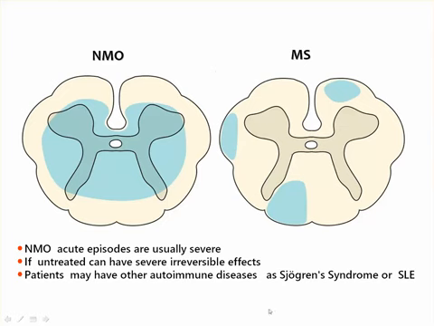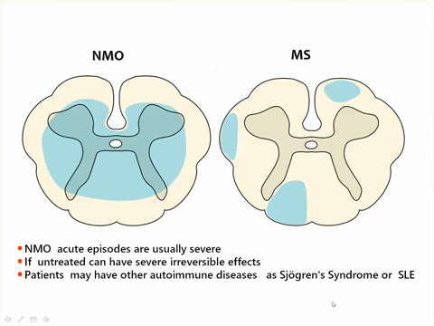This is a comparison between the plaques of neuromyelitis optica, which are big and central, while the MS plaques are small and peripheral. This can be easily evaluated in the axial T2 weighted images of the spinal cord.